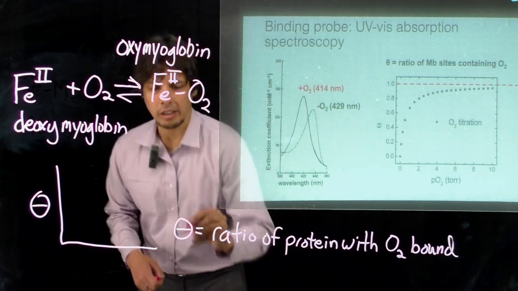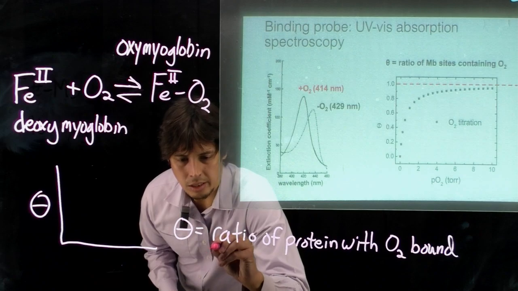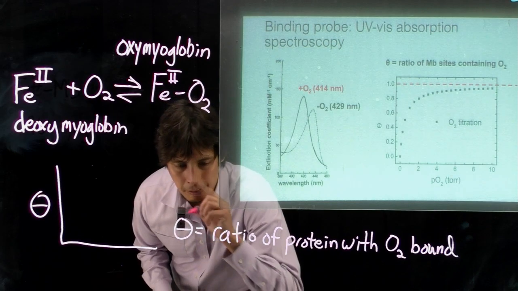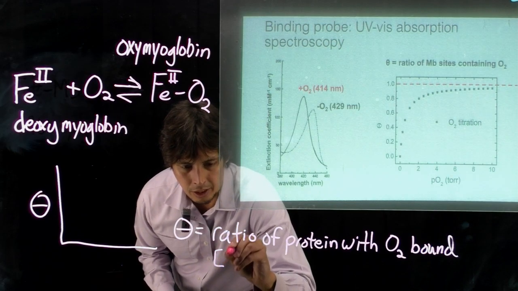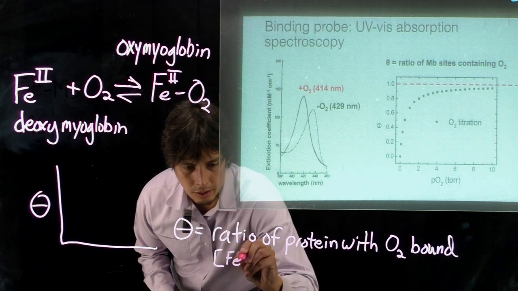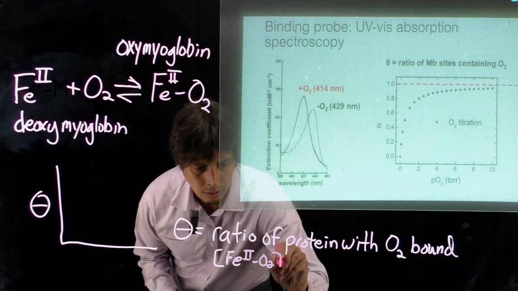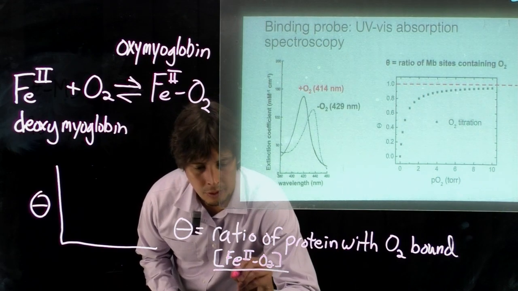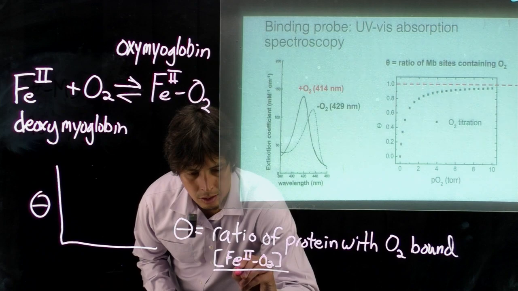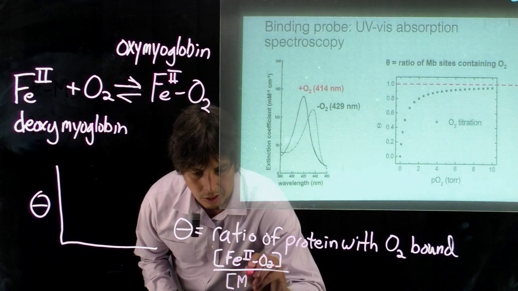So in practice, what that would look like in this case is theta equals the concentration of iron 2 O2 over the total concentration of the enzyme.